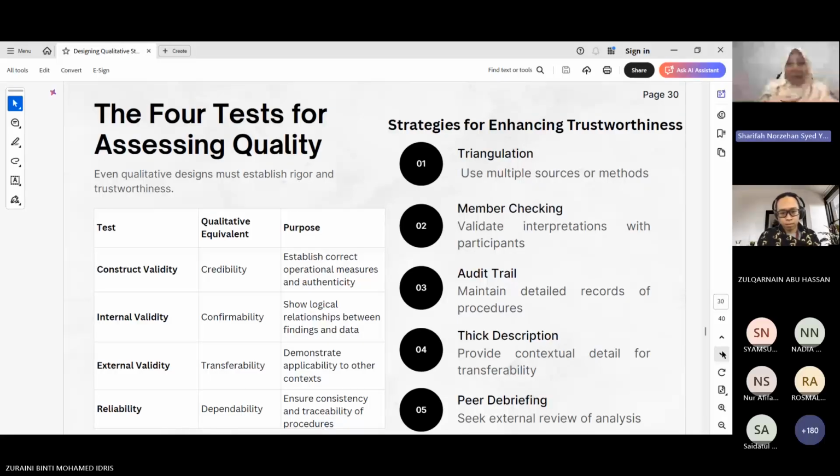So these are the ways, and you have to explain it in your methodology: how you ensure that what you are doing is actually valid and reliable by using some strategies to enhance the trustworthiness. So you have triangulation. What did you do for the triangulation? Tell them right inside your thesis. Member checking, right inside your thesis.